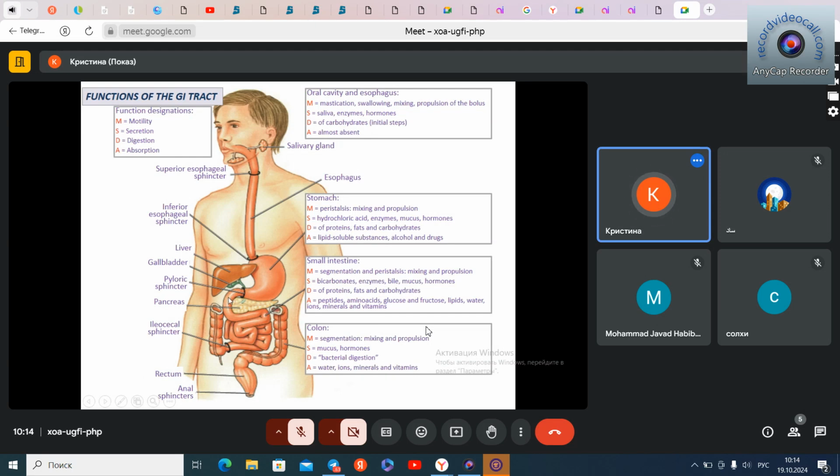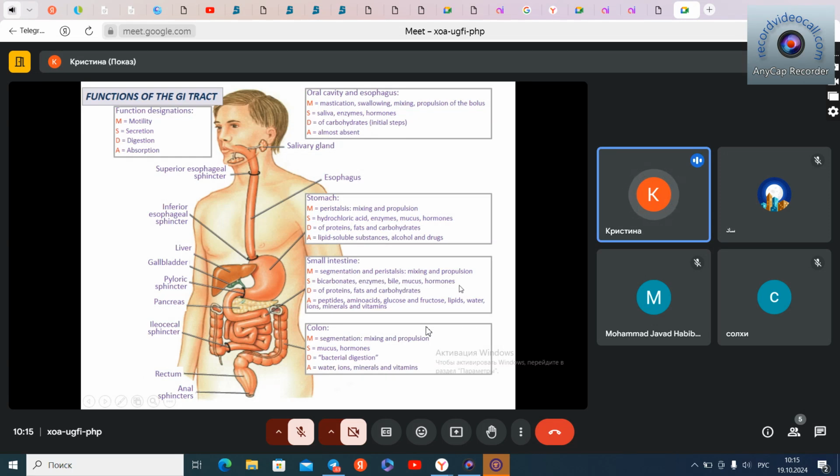So when the food comes from the stomach, the pH level should be neutralized with the help of bicarbonate ions. Enzymes in the small intestine mainly come from the pancreas. Also, bile comes into the small intestine from the liver and gallbladder.